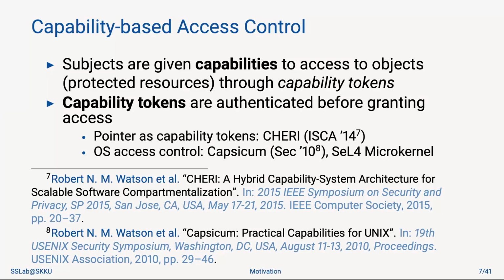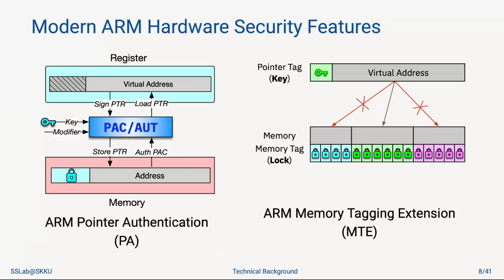There has been work that incorporates the capability model into system security. For example, pointer as capability tokens is explored in CHERI. For OS access control, there are previous works such as CapsicuM or the seL4 microkernel that bring the capability model into OS.